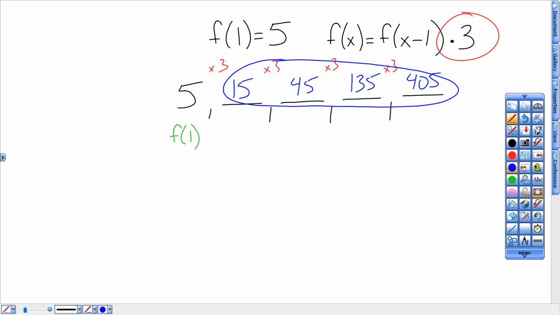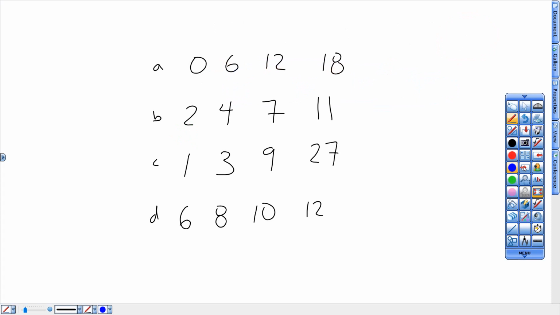All right, second to last for these. This one is going up by 6. That makes this straight line linear, we're going to call it, which is, of course, arithmetic. This one going up by 2, and then going up by 3, and going up by 4 is neither linear or exponential geometric.